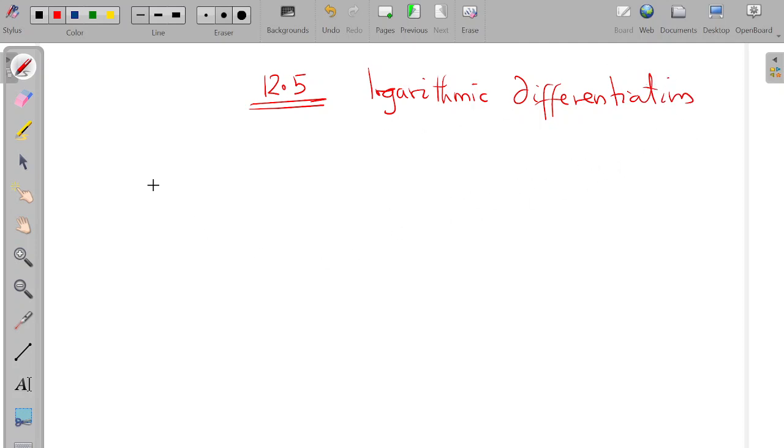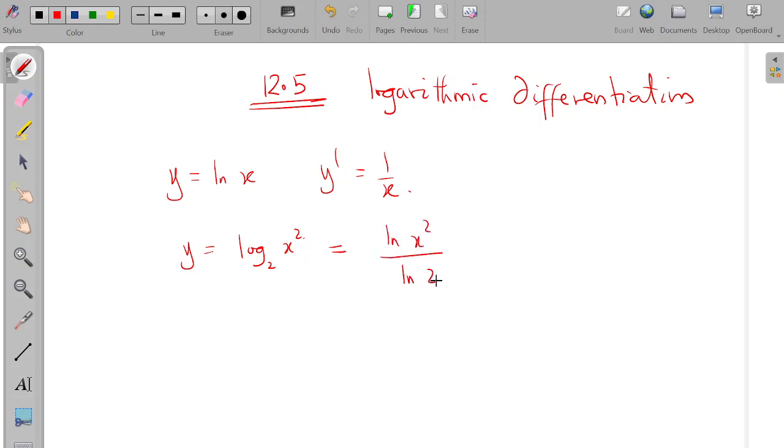This is different. So when you are given y equals ln x, then the derivative is 1 over x. Or when you are given y equals log base 2 of, say, s squared, before you can differentiate this, you can rewrite it as ln s squared all over ln 2.